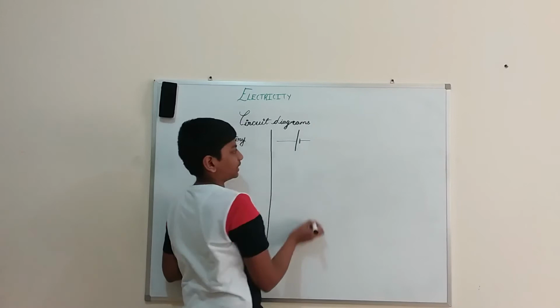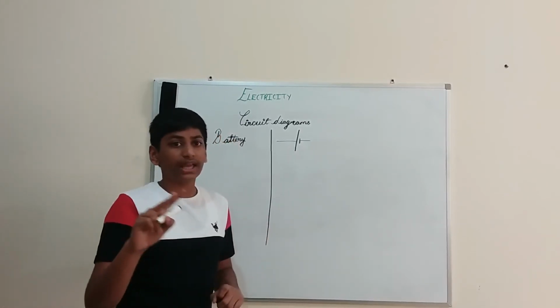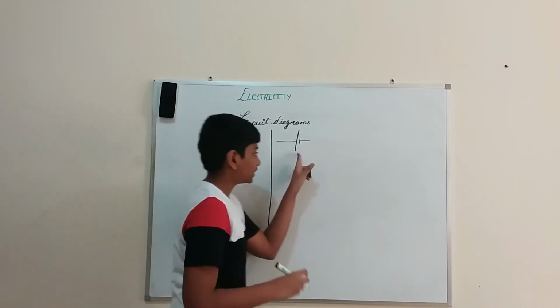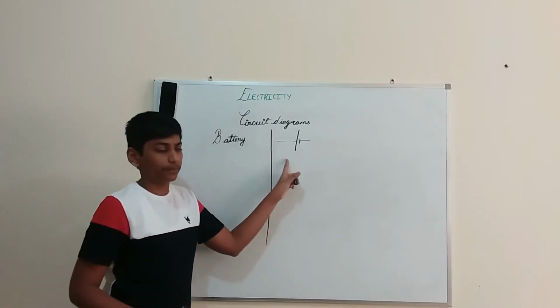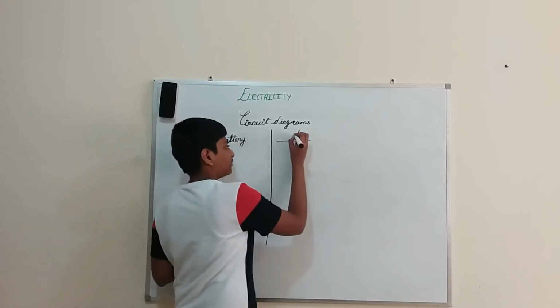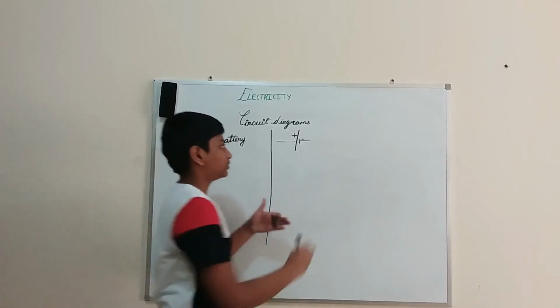We need to represent whether they are positive or negative. The biggest line will always be the positive and the smallest one will always be the negative. And again you add plus and minus signs to show the polarity.